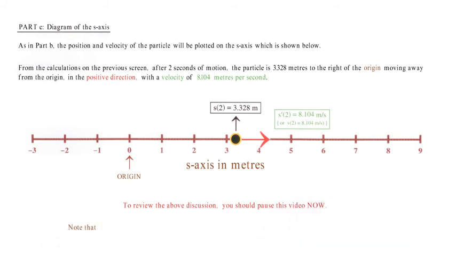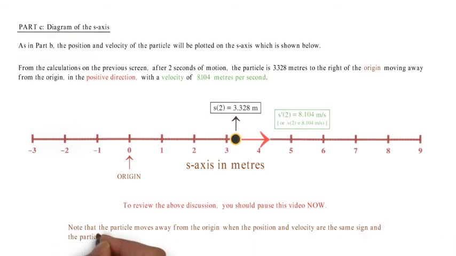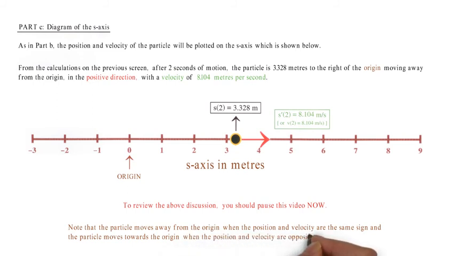Note that the particle moves away from the origin when the position and velocity have the same signs, and the particle moves towards the origin when the position and velocity have opposite signs.